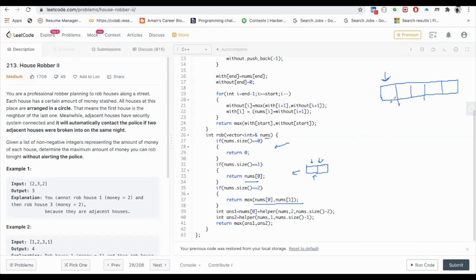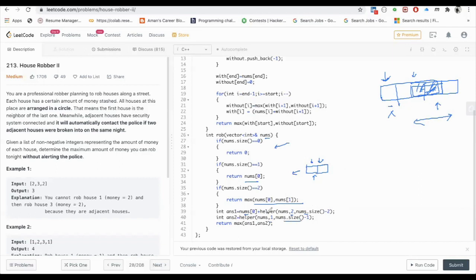My profit is the money at this place plus the maximum profit which I can make in this subarray, by robbing at these indexes. So my starting index is 2 and my ending index is nums dot size minus 2, which is this place. And my second possibility is, if I do not rob at this place, my subarray left is this, whose starting index is 1 and ending index is the last.